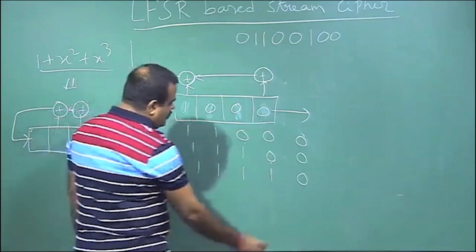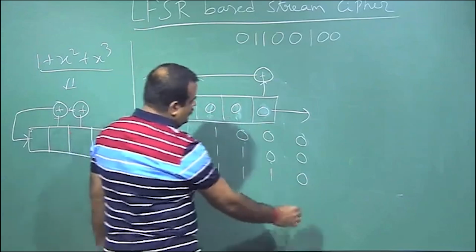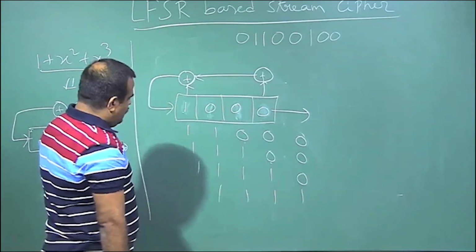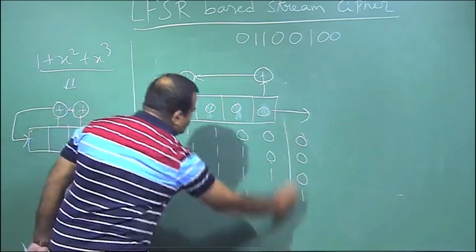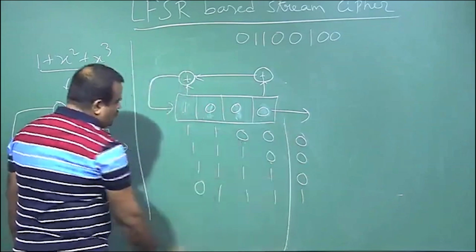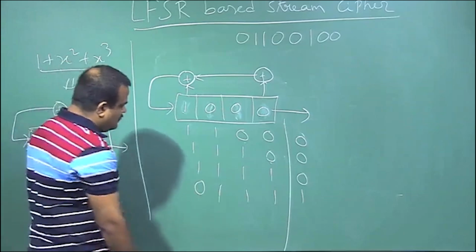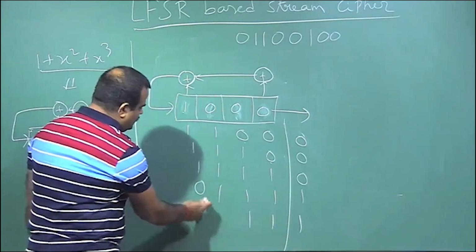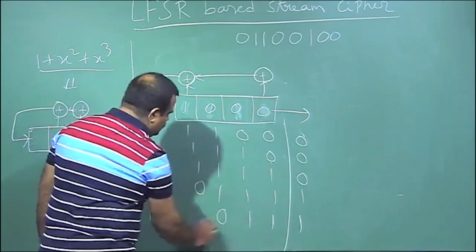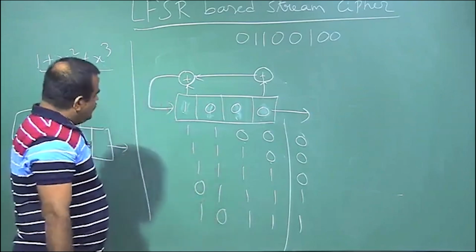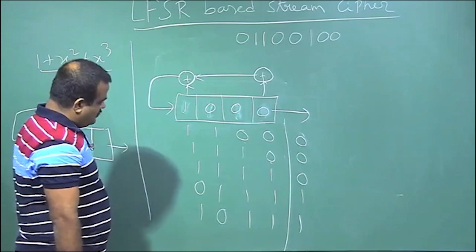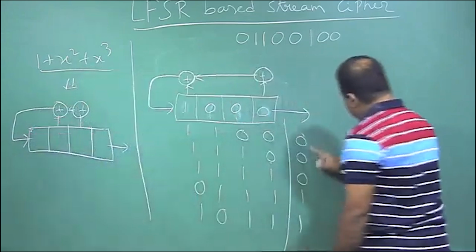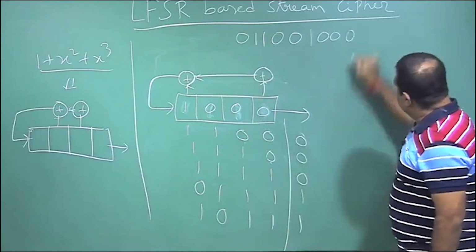So, now we have 1 1 1 1, and now these are all 1s. This is the key stream. This will be 0 again, and then 1 1 1, and this 0 will come here, and this 2 will give us a 1 again, and so this will basically be another 0 1 1.